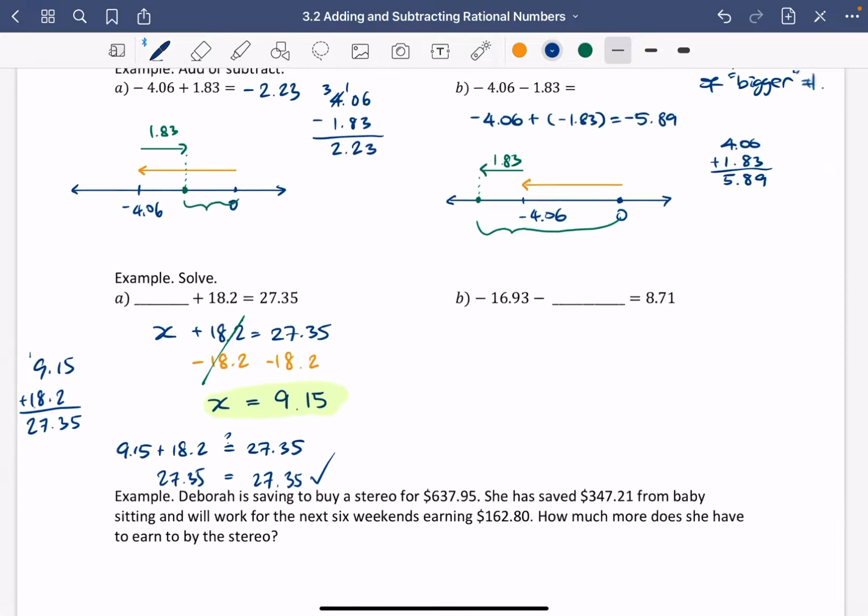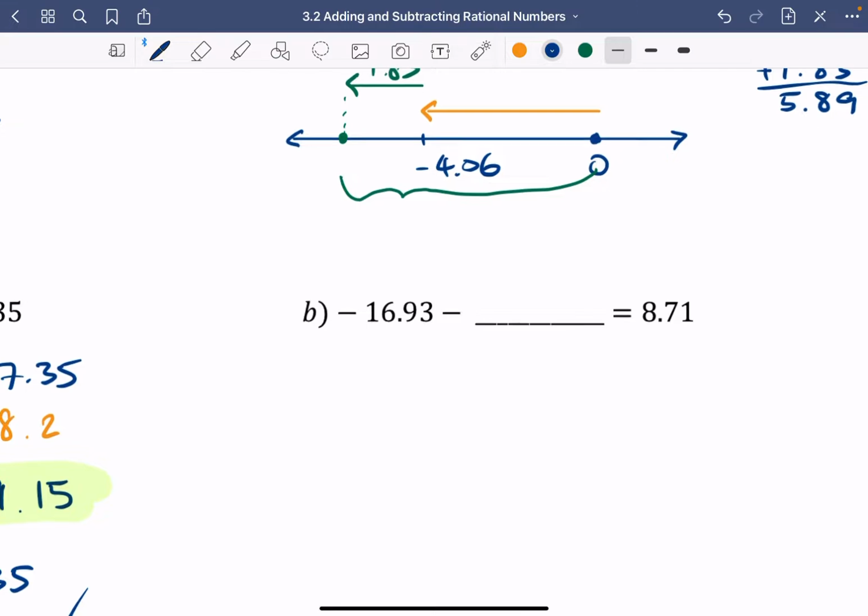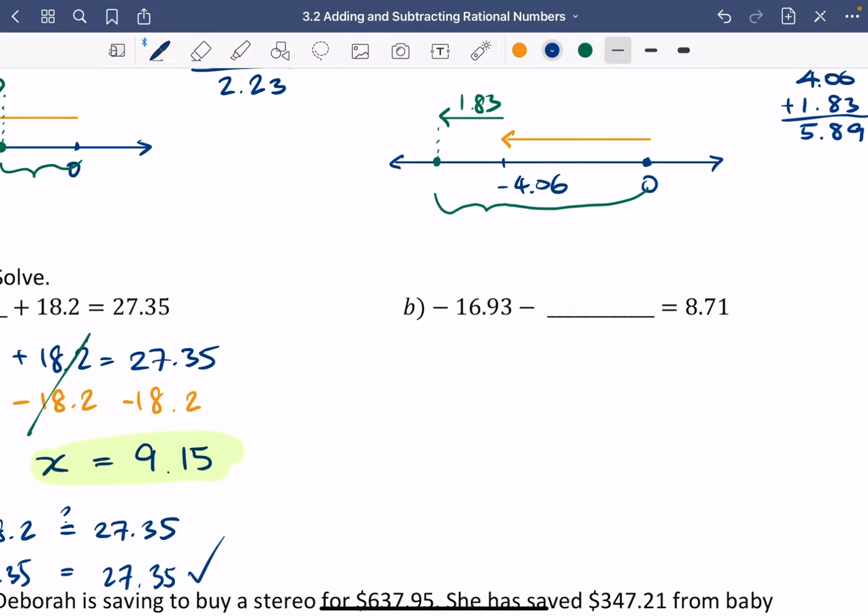Okay. And next question, still the same type of question, solving for the blank. And let's just use x for the blank. So we want to, again, isolate the x.